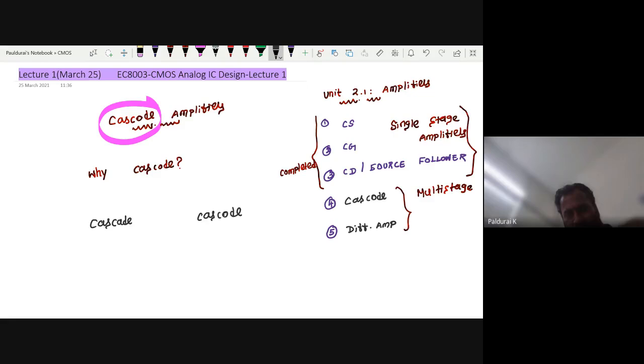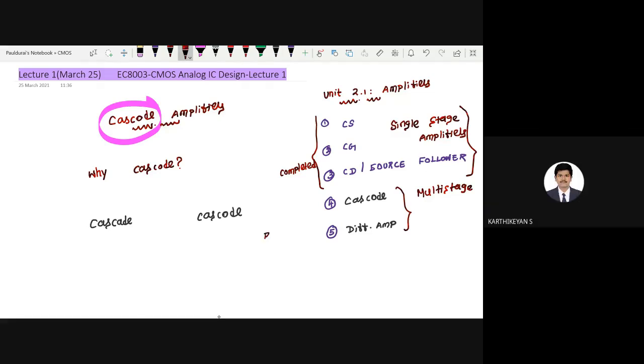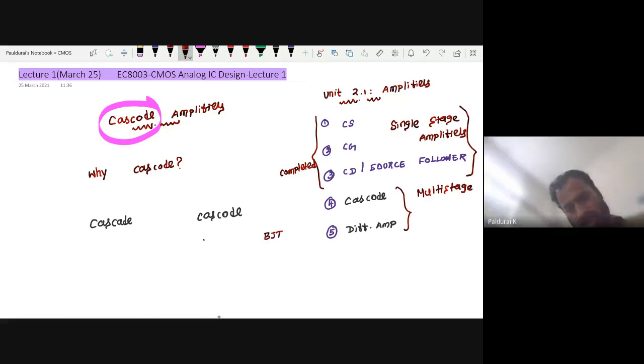In terms of BJT, you can say common base and common emitter: the input stage is common emitter, the output stage is common base. The one and only allowable configuration in cascode is CE plus CB.